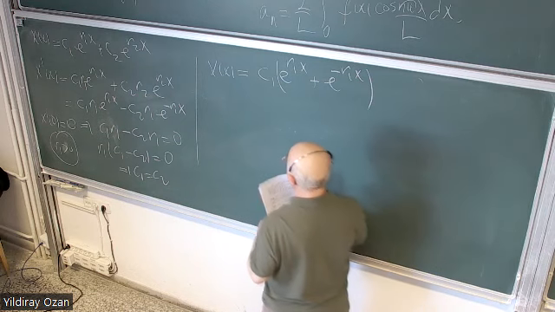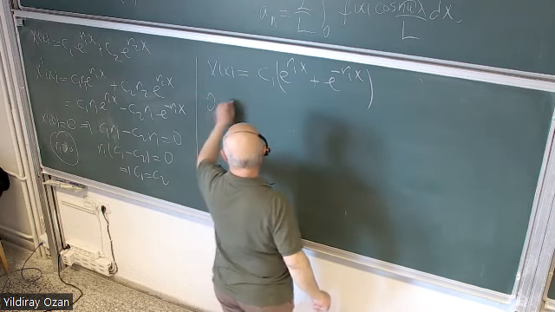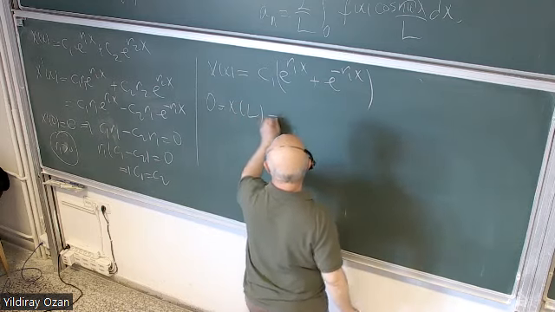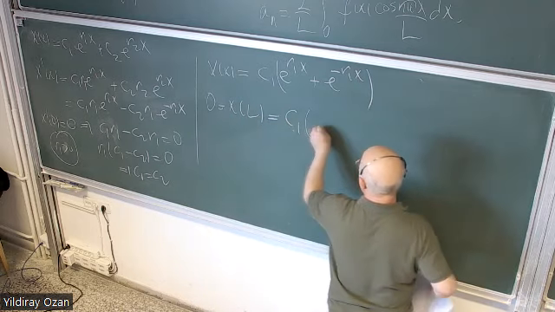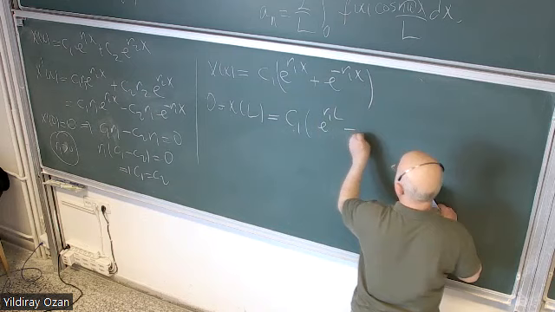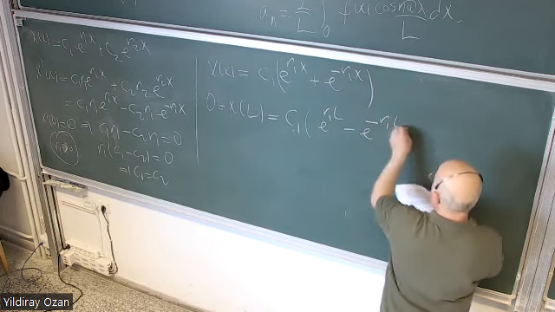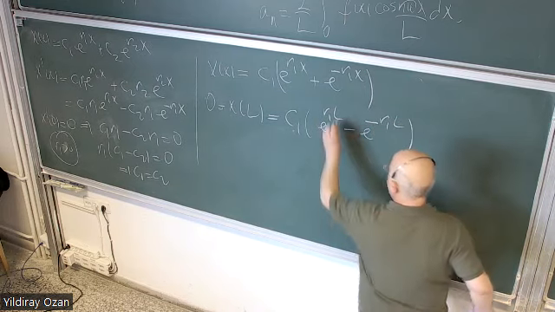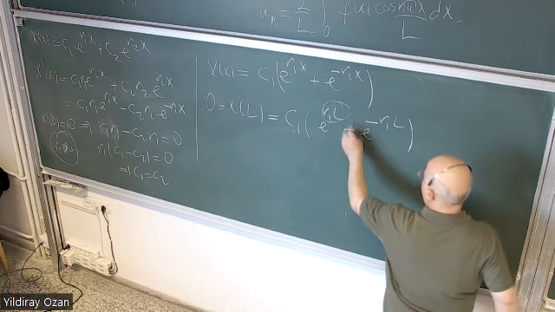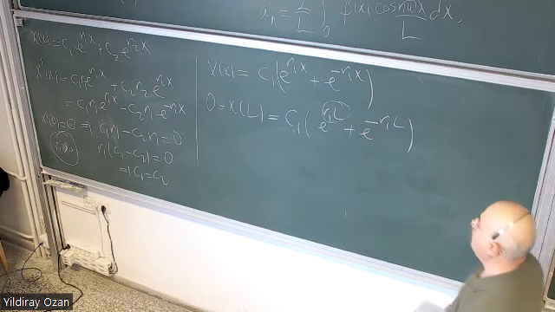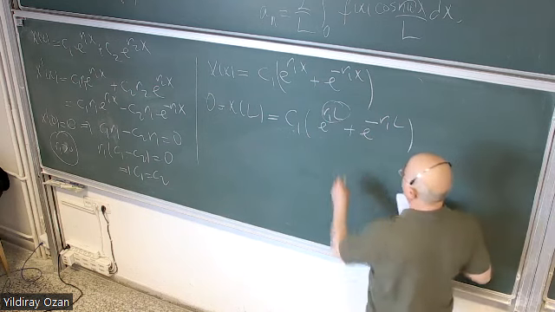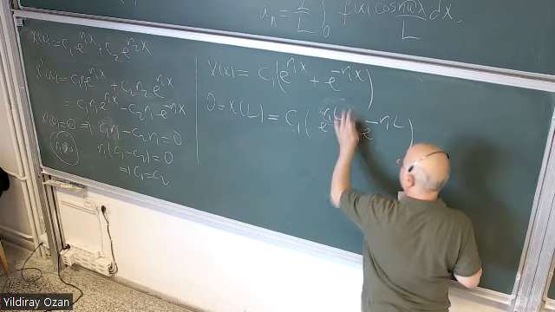Diğer condition neydi? X of L is 0. So c1 times e to the power r1L plus e to the power minus r1L. Actually, I don't have to do anything.